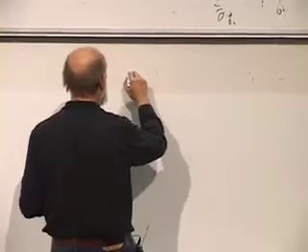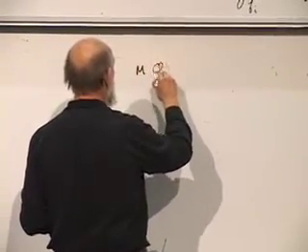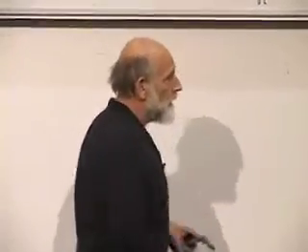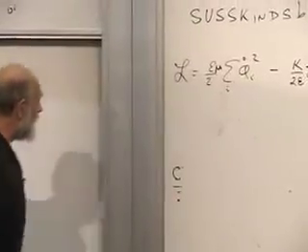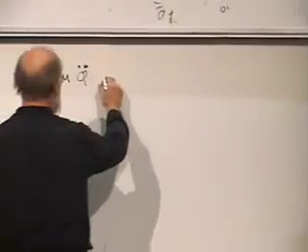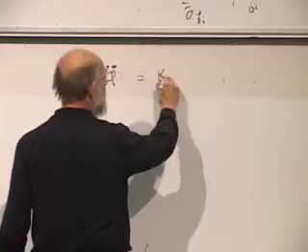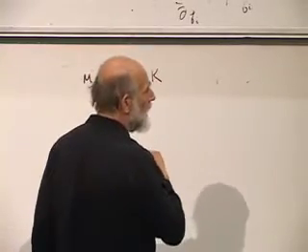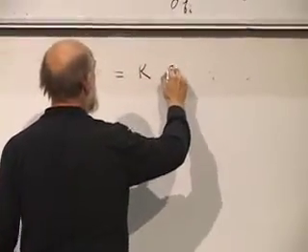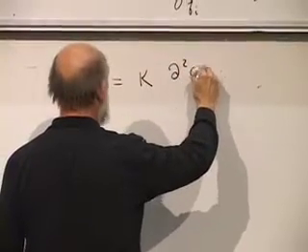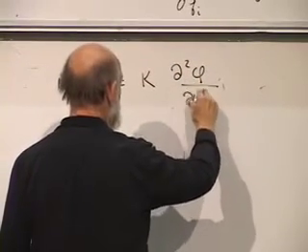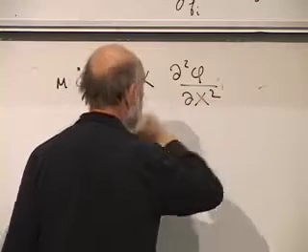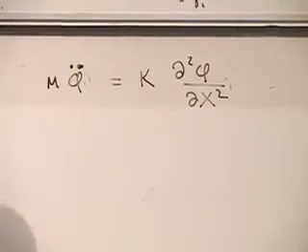Then we would have gotten the equation mu phi double dot, coming from this term, is equal to kappa, I think, times the second derivative of phi with respect to x squared. The epsilons would still cancel.